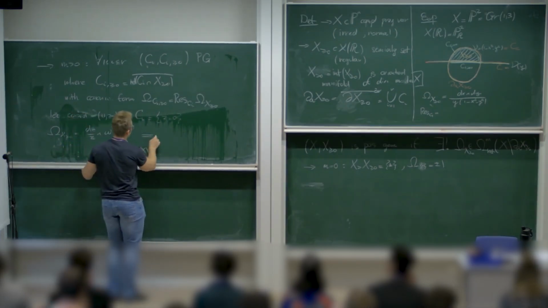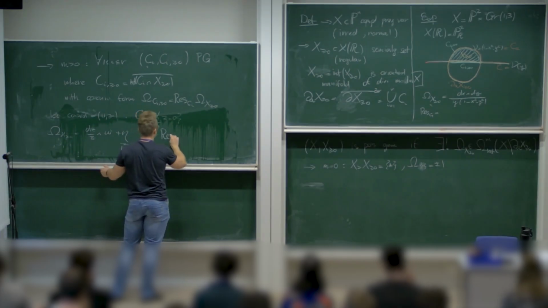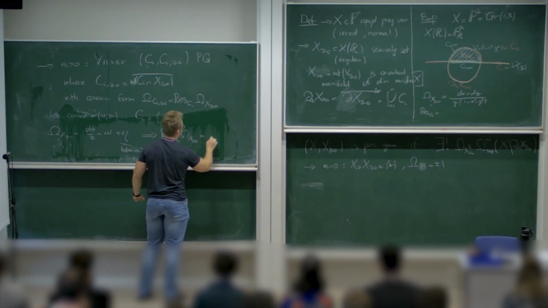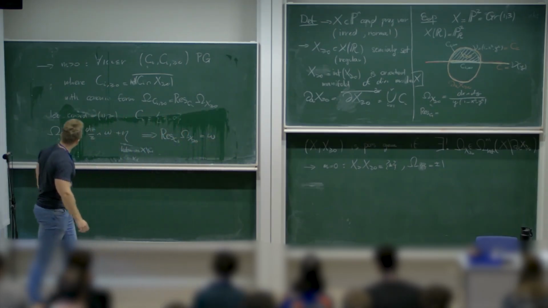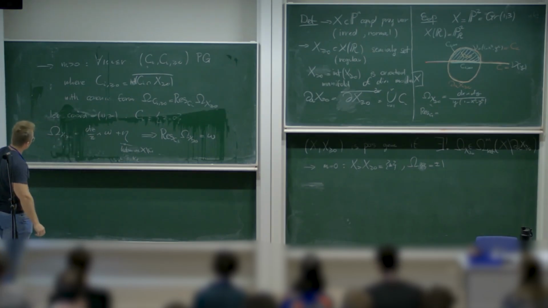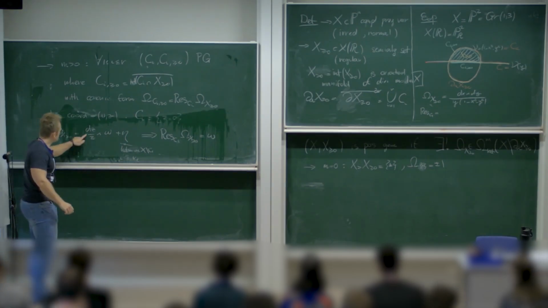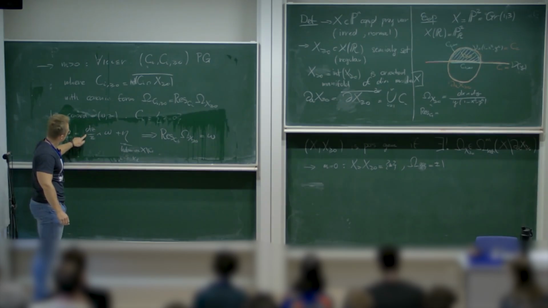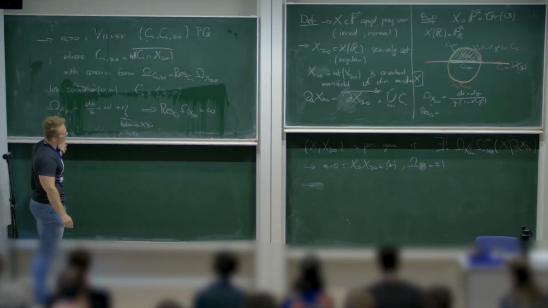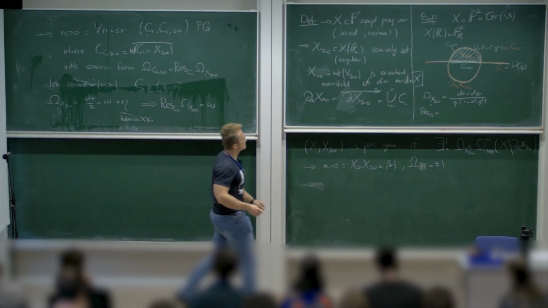And then I can define the residue on Ci as omega. So I am identifying a singularity of my form, and I'm extracting that with this residue procedure. So let's see this explicitly.